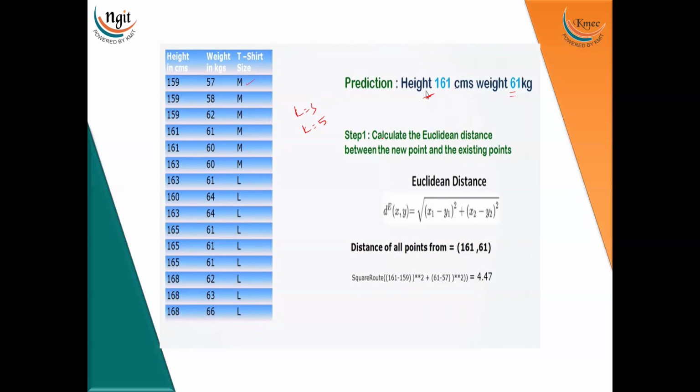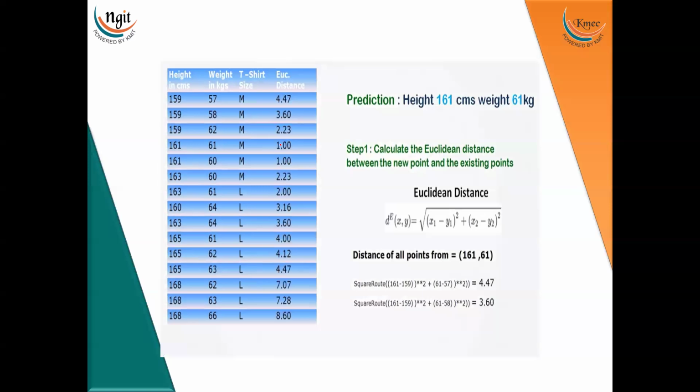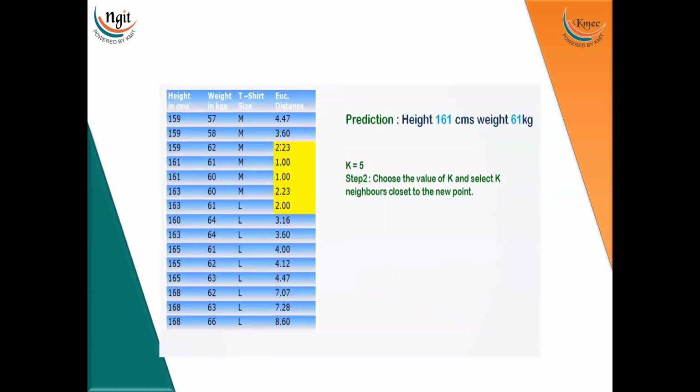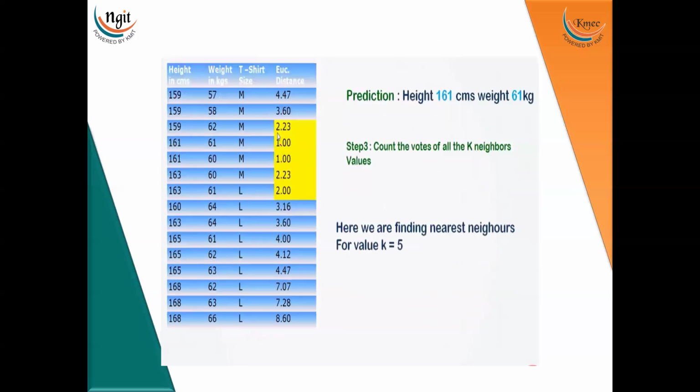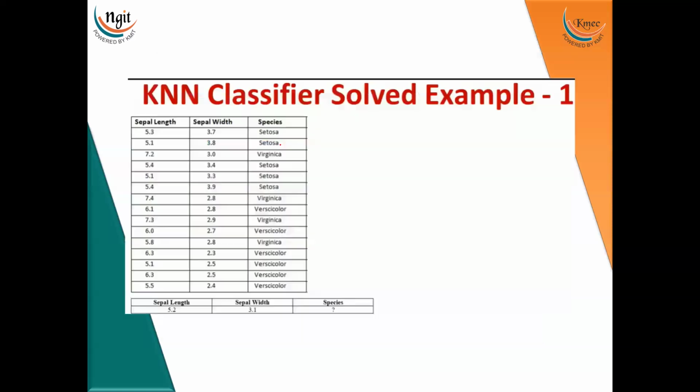As in the earlier example, step 1 is calculating the Euclidean distance between the new data point and the existing data points. If you take k equal to 3, take the 3 nearest neighbors and the majority voting they give. If k equal to 5, take the majority voting it gives, and predict the results. This is how the KNN algorithm works.